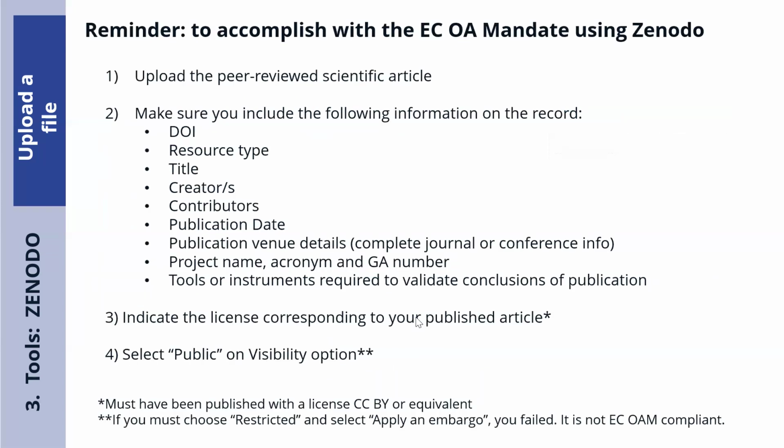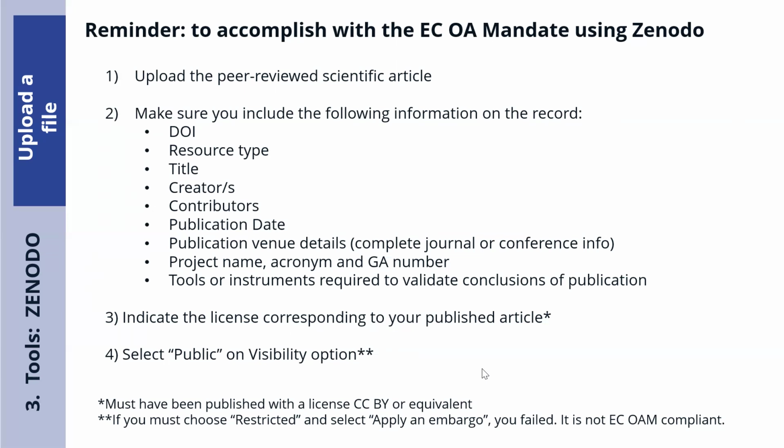And something important, in order to make sure that you accomplish the open access mandate in Zenodo, this is the reminder. Of course, you upload the preview article, and the rest, say options 2 and 3.